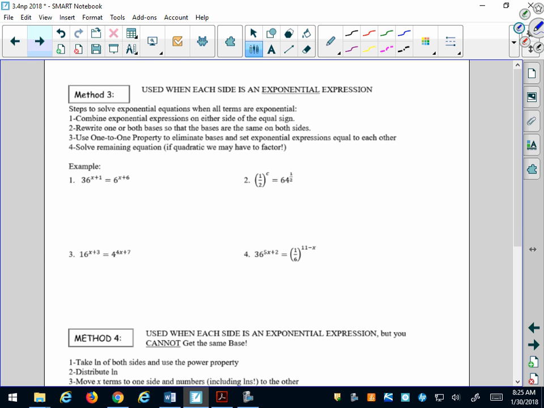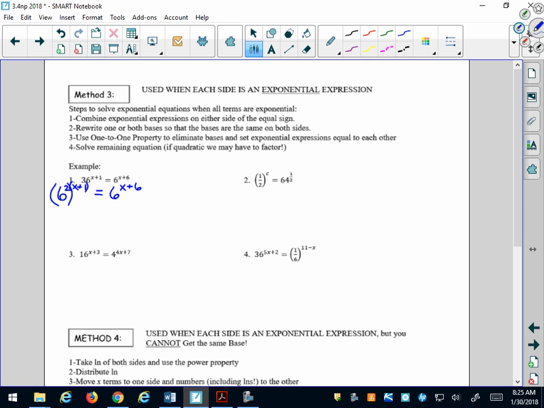So here we have a base of 6. Well, how could I write 36 with a base of 6? 6 squared. So 36 to the x plus 1 is like 6 squared to the x plus 1.